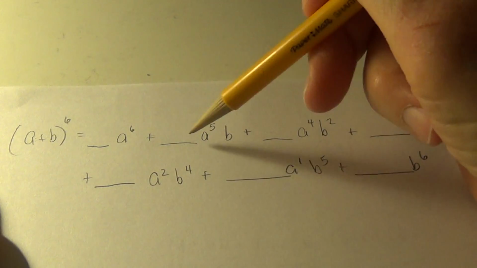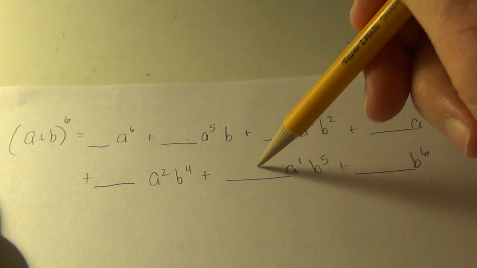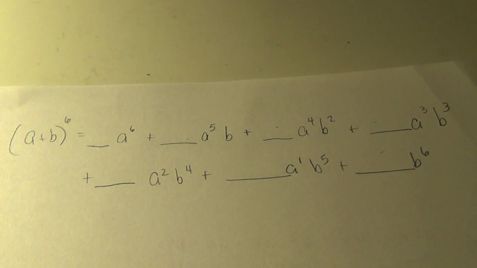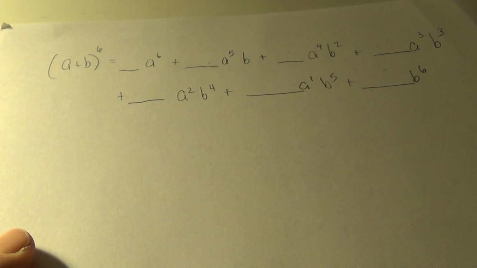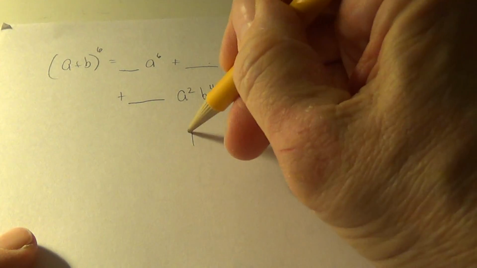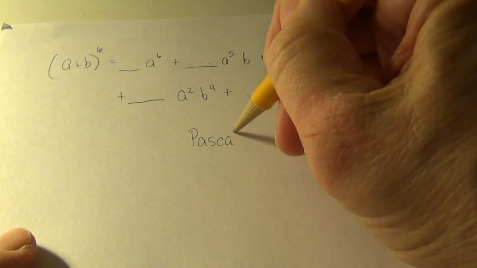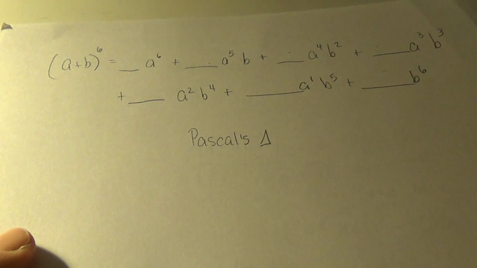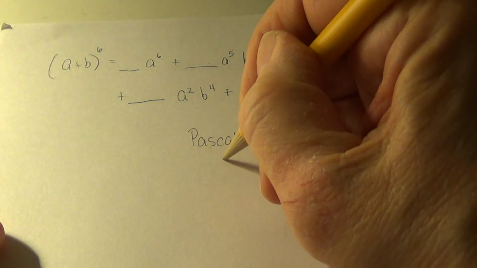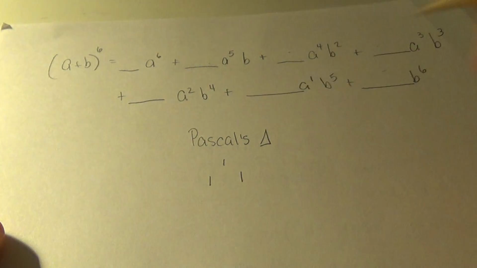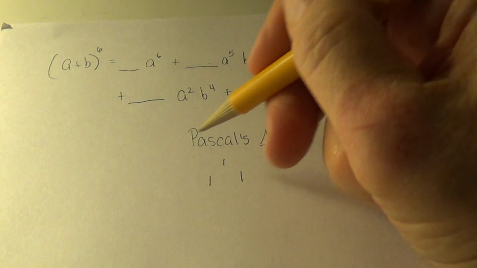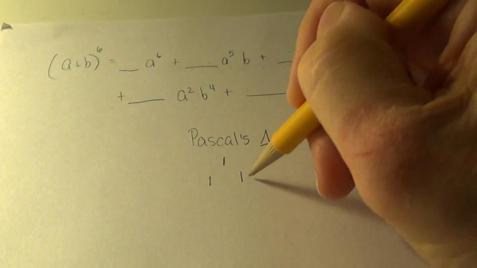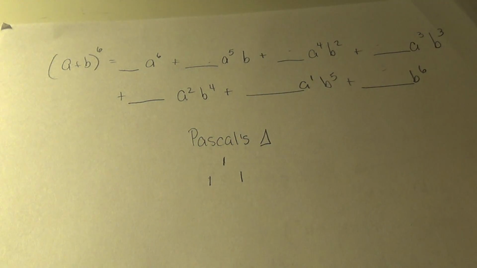So now how do I relatively quickly get these numbers? We're going to find them in what's called Pascal's Triangle. And we start with a mountain of 1s. So here's the peak of the mountain, and there's 2 ones on the base of the mountain.